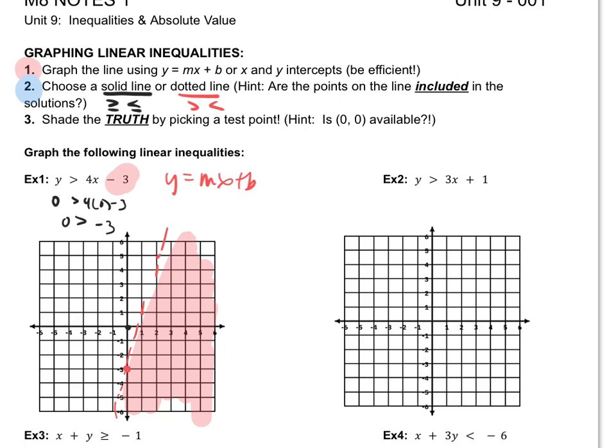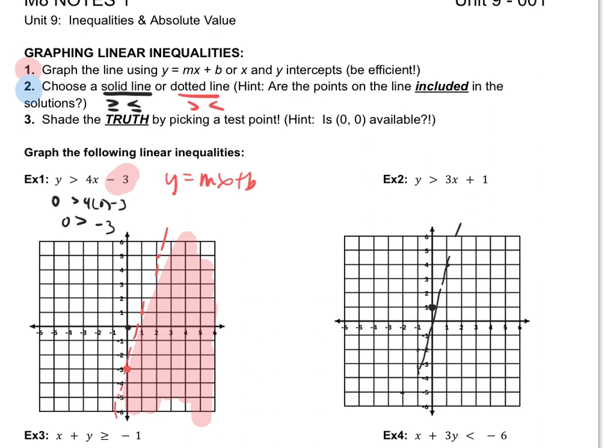If I do the next one, we're just going to do all of these together to be way easier. I'm going to begin at 1. That's my y-intercept. My slope is 3, so I'm going to rise 3, run 1. 1, 2, 3, 1. Do it in both directions. Down 3, left 1. Down 3, left 1. Again, my inequality is greater than, so the line is dotted.